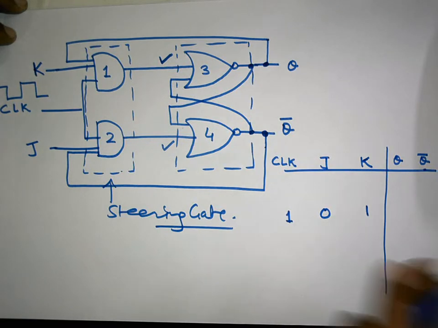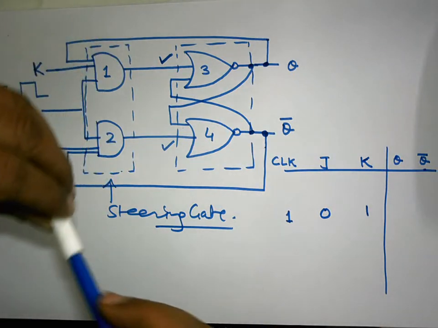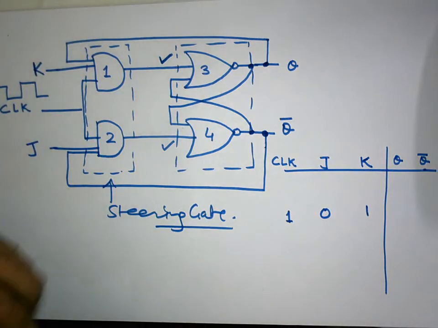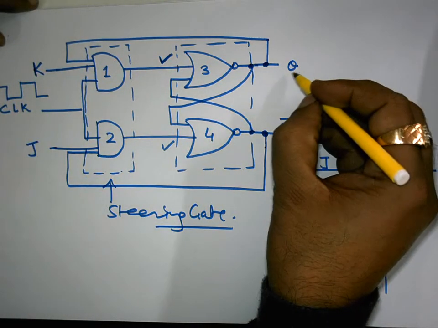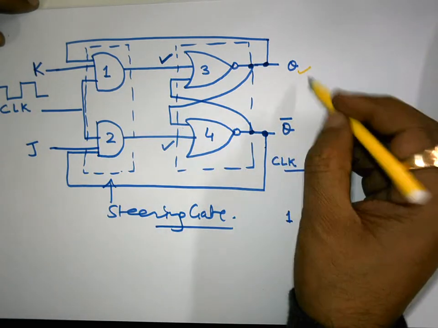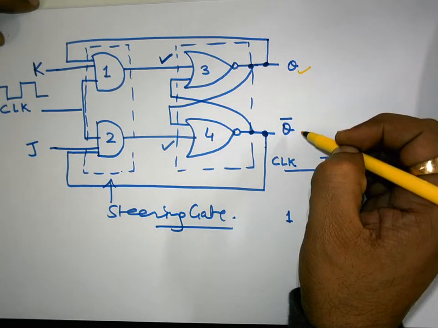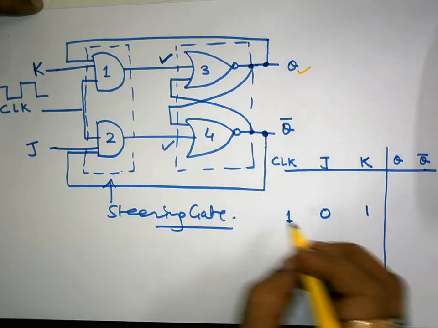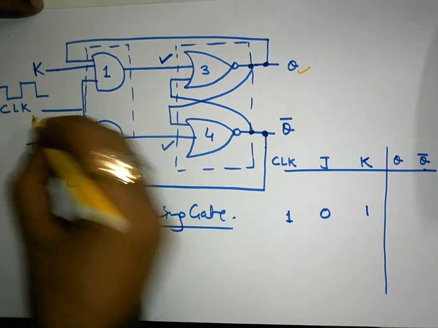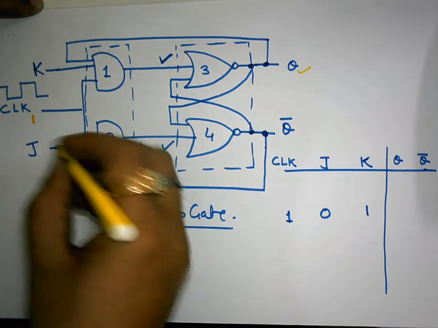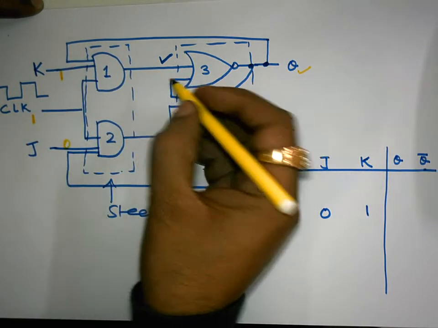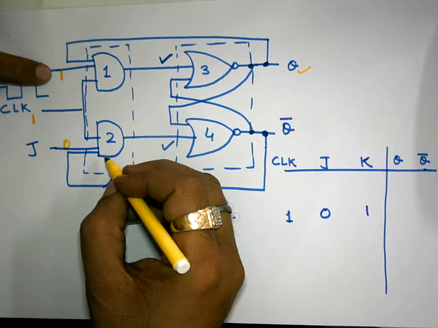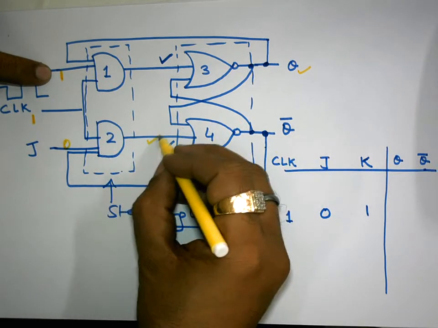Okay. And for the ease of your analysis, you can assume any present state at the output, it may be 0 1 or 1 0. But if the clock is 1, J is 0 and K is 1, well, we have to see what is coming to decide the final output at this point.